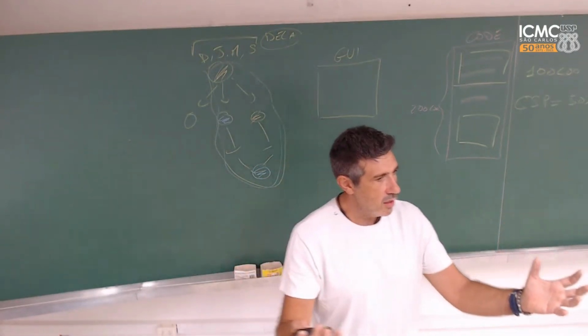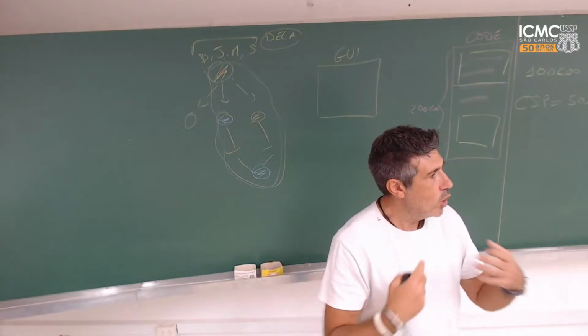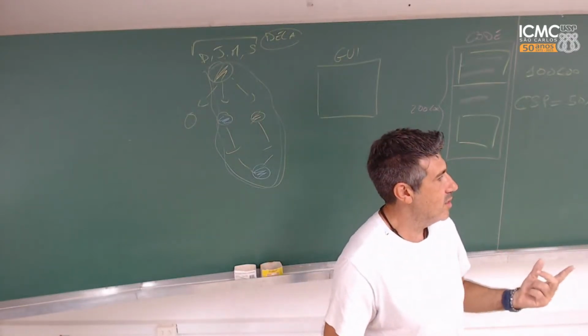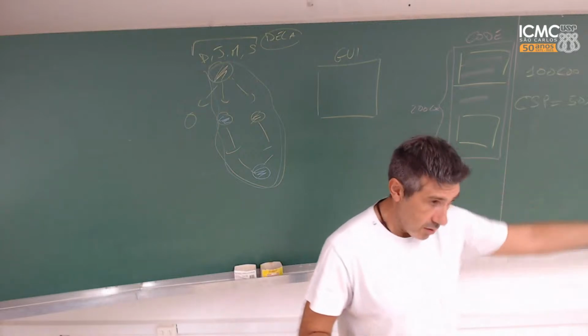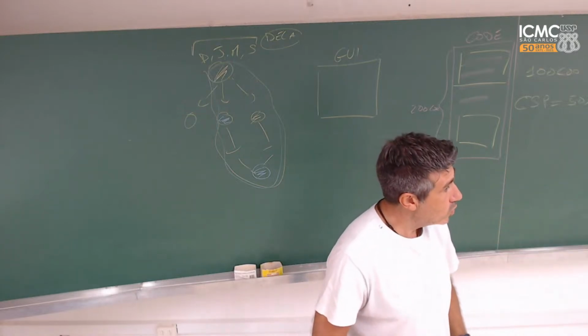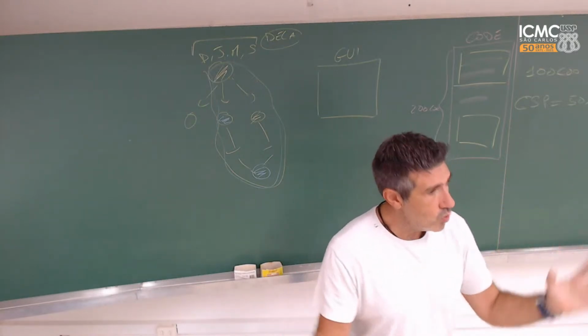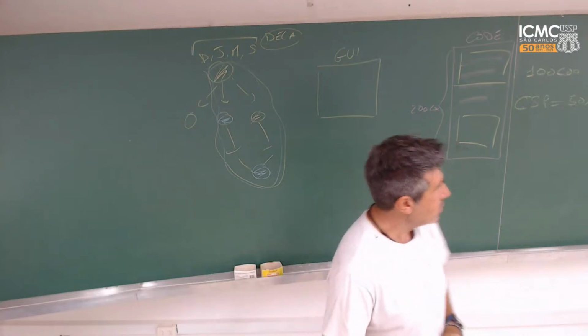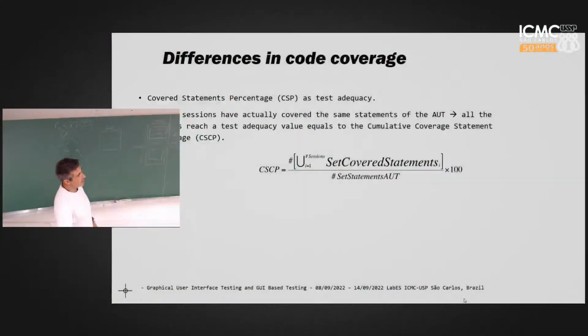So at the end, to get the final metric, we have to consider the union of the statements of the code that together cover it. Okay? So this is the metric.